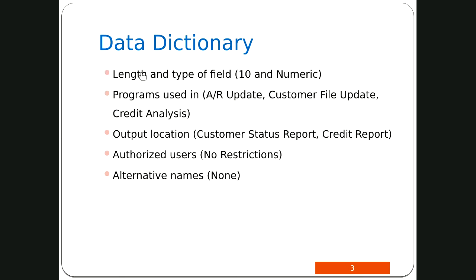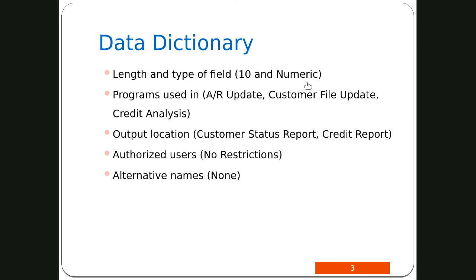The length and the type of the data element. For example, here it says 10 and numeric, which means the customer number has 10 digits and it's numeric. It's all numbers. Now, you could have a data element that is all numbers, or one which is all alphabets, an alphabetic data element. Or you can have alphanumeric, meaning part of it is alphabetical and part of it is numeric.